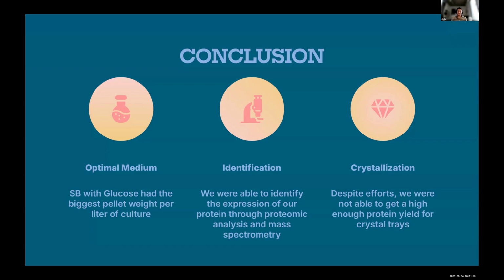To summarize, with our data, we were able to find an optimal medium, which is the SB with glucose. We were also able to identify our protein through the SDS-PAGE, and we also did a proteomic analysis with mass spectrometry, but I didn't show it for time purposes. For crystallization, unfortunately, we were not able to get a high enough yield to crystallize our protein and get the actual structure.